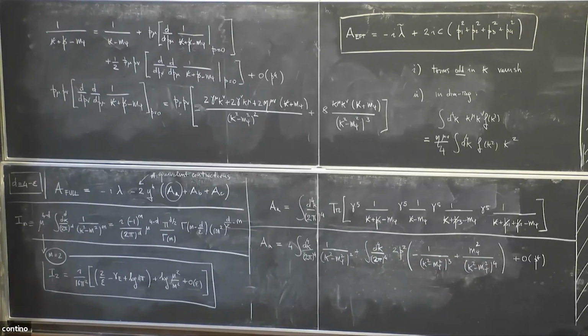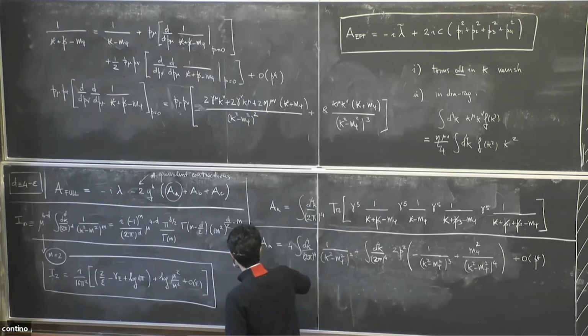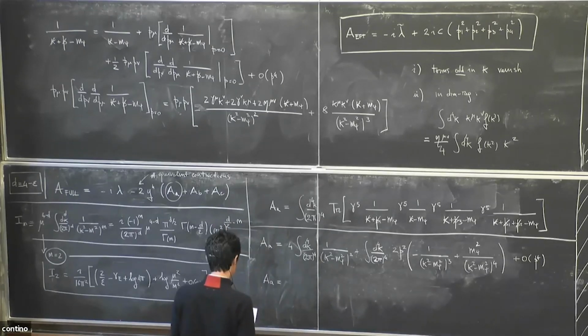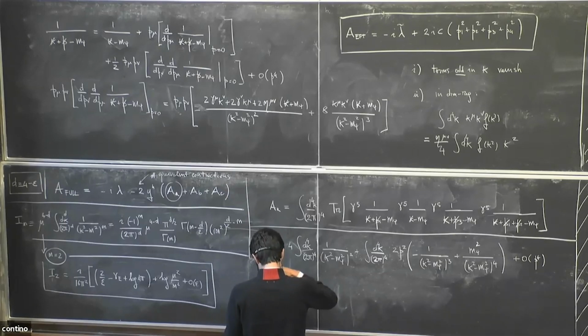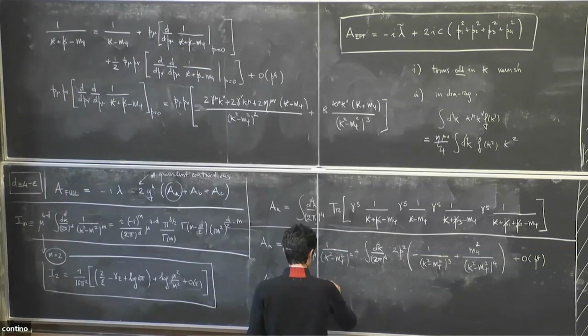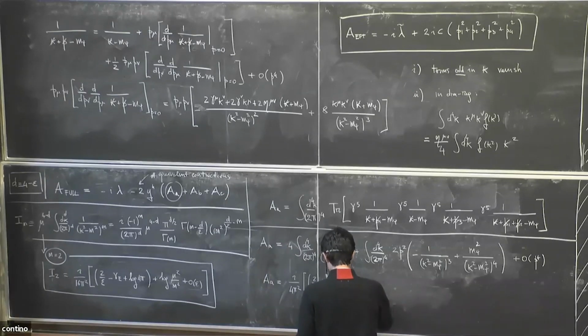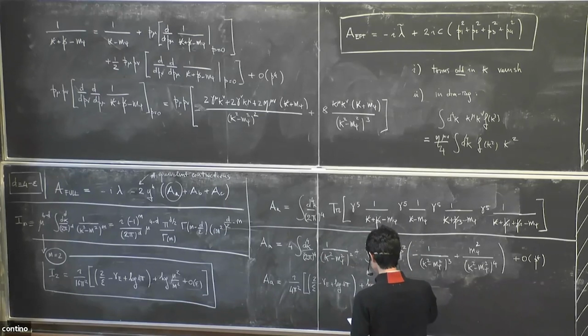Okay, that's easy. So eventually, if you use these formulas in DIMREG, then you get our final expression, which is the following. I divided by 4 pi squared, which multiplies 2 over epsilon minus gamma_E plus log of 4 pi plus log of mu squared divided by m_psi squared.